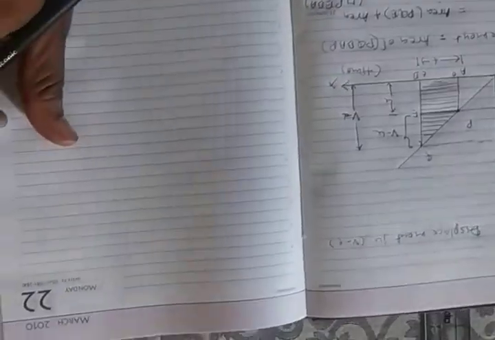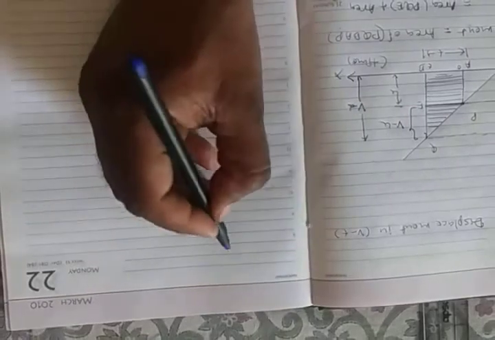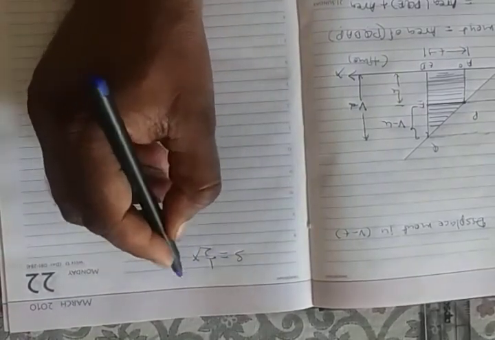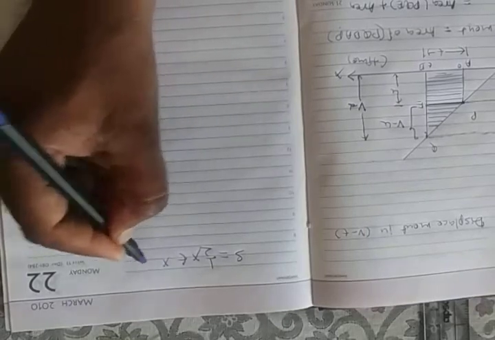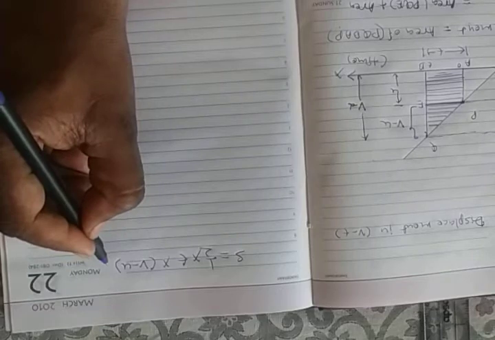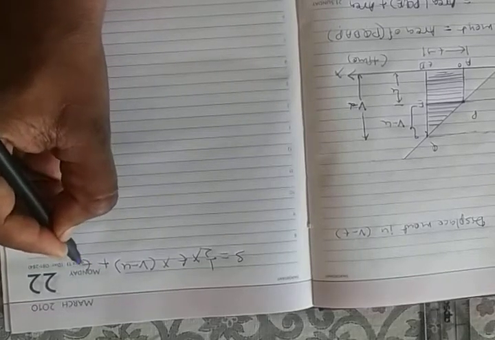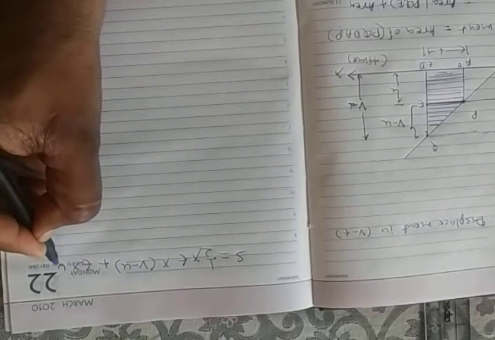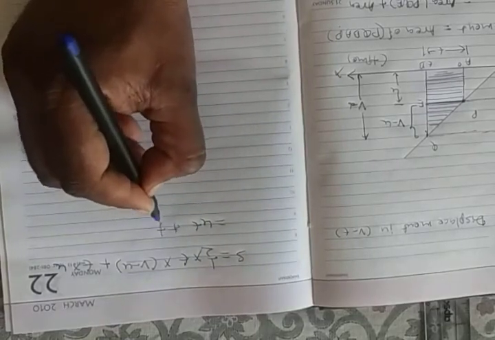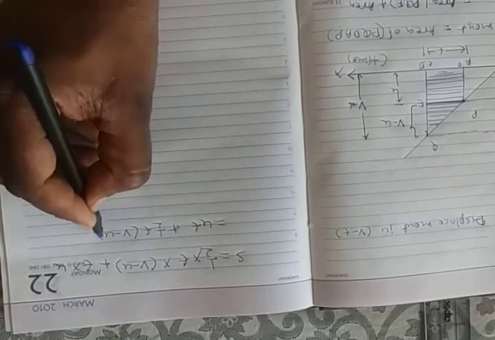So displacement s is equal to 1 by 2 into PE, that is t, into QE, that is v minus u, plus AB, that is t, into EB, that is u. That is ut plus half t into v minus u. Clear?